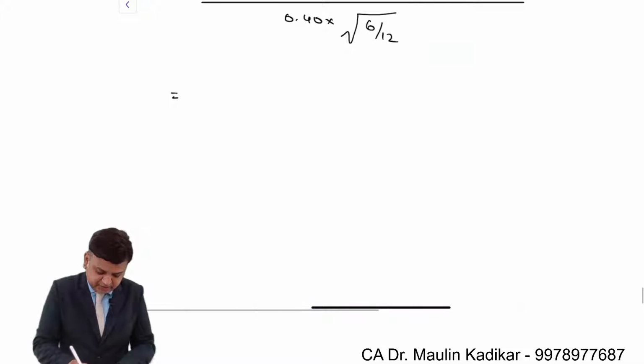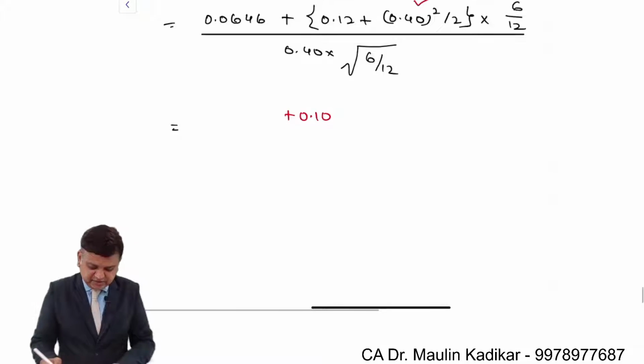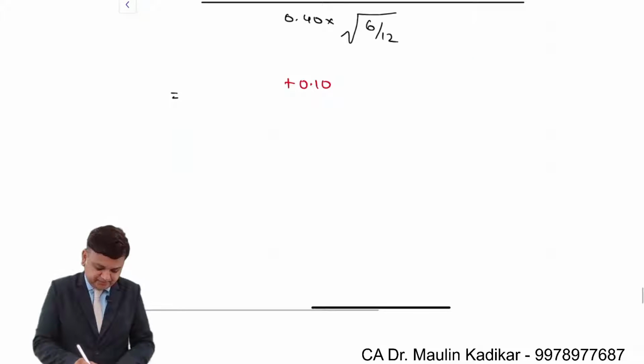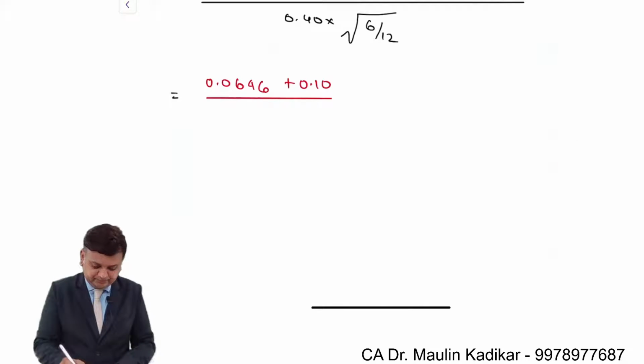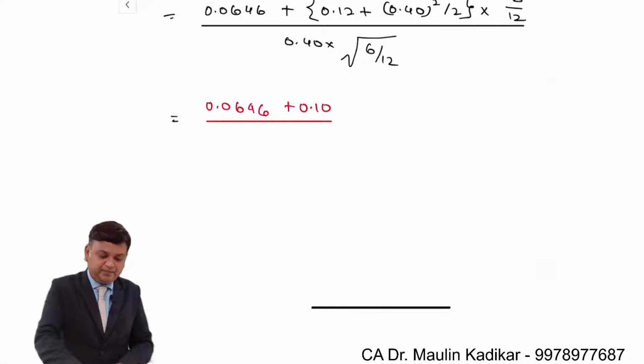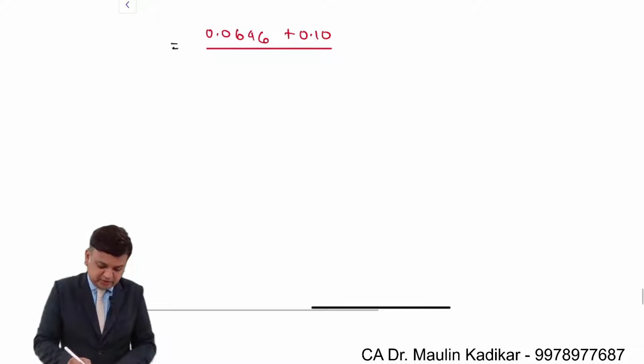So here it is 0.10. On the left hand side it is 0.0646 divided by, 6 divided by 12 is 0.5, its root into 0.40, 0.2828.